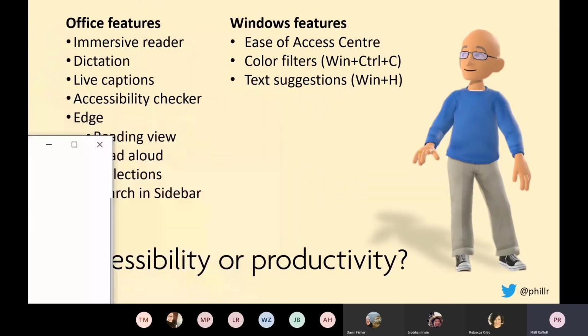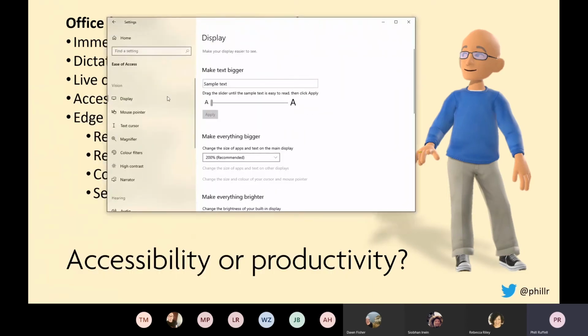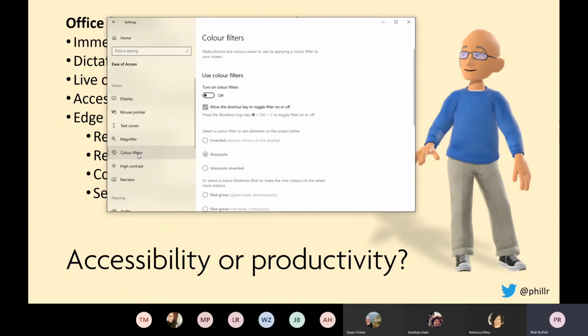A couple of things I'm going to highlight on this. It's really important to become familiar with some of those things, especially if you're supporting students. You can really empower them by allowing them control. So color filters is one of them. Let's pull back across here, and I'm going to look down at color filters.